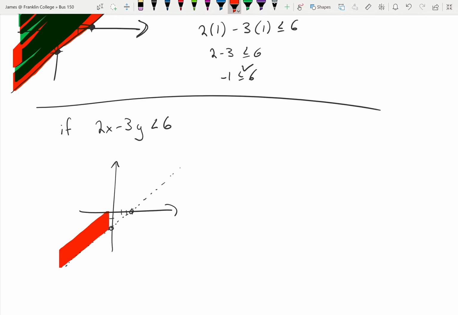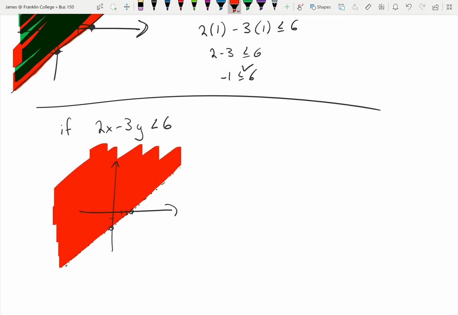And we're going to shade in the same half of the graph.